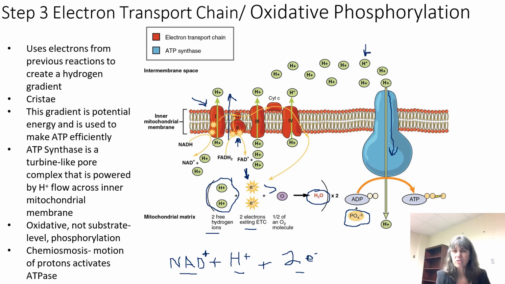So chemiosmosis is the movement of chemicals, and in this instance the chemicals are protons, that's going to cause the enzyme to become activated to do its job. So chemiosmosis, again, is the motion of protons activating that ATP synthase.